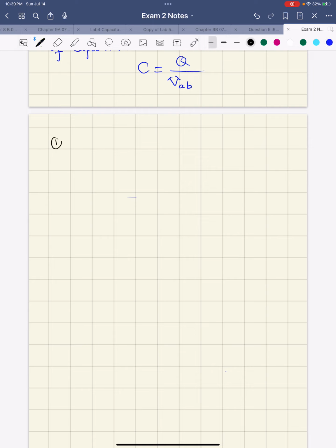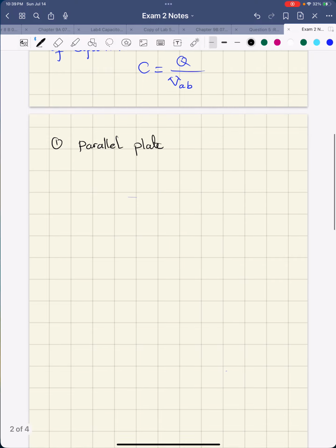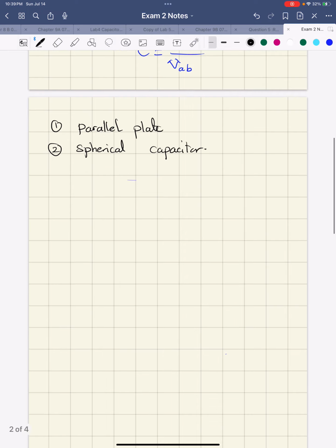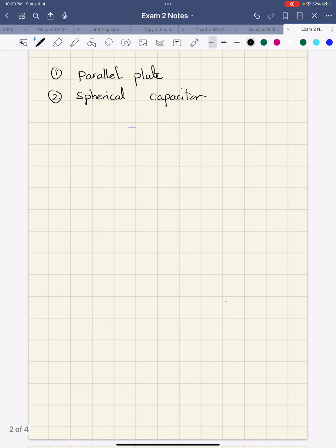The first one is the parallel plate. The second one is the spherical capacitor. And you have, of course, these derivations as examples in your textbook. The third one is the cylindrical.